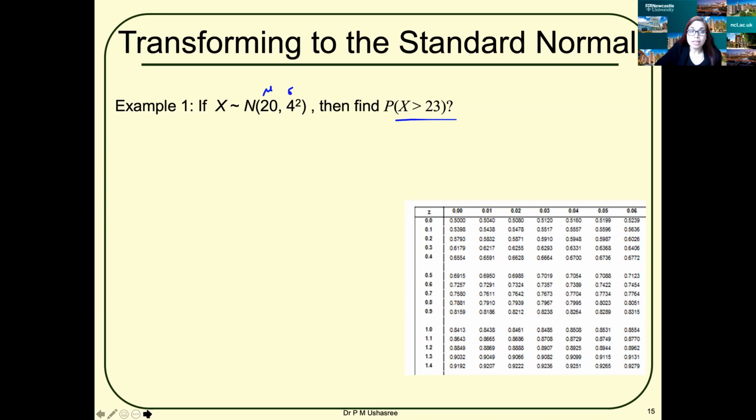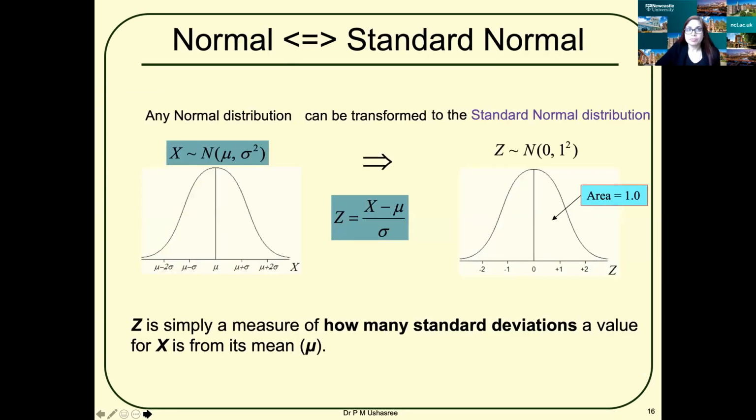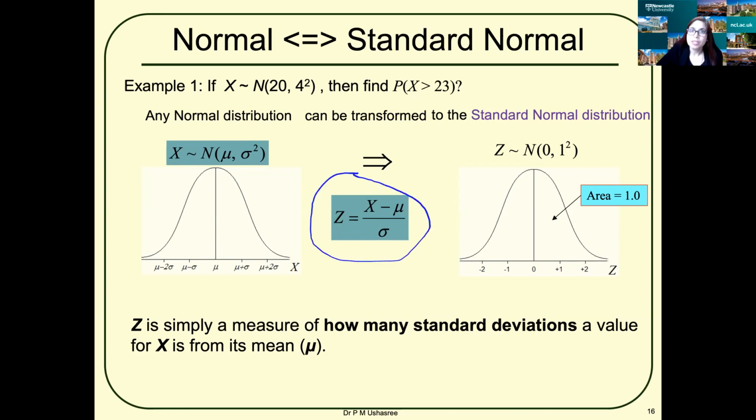How will you do that? You have just seen that Z is simply a measure of how many standard deviations a value of X is from the population mean. And you can use this transformation formula. So to find the probability, you have to transform X to Z first, isn't it?